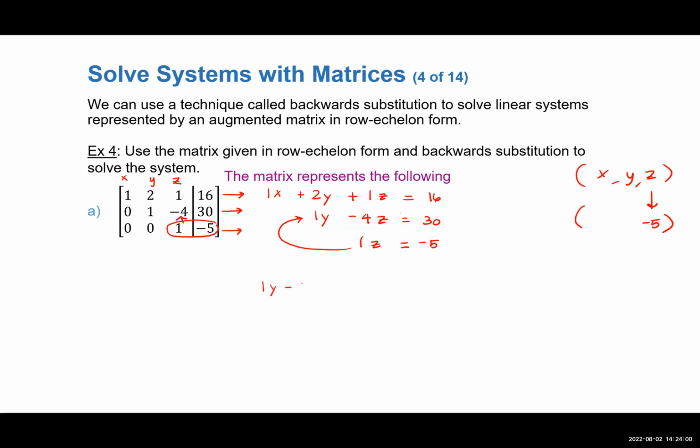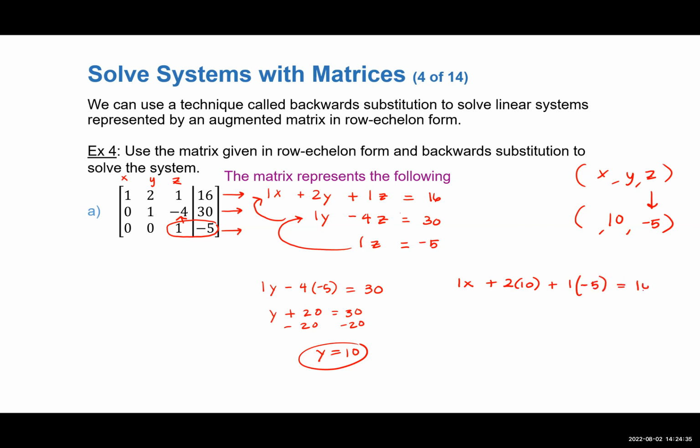So we can solve for y: y plus 20 equals 30. Subtracting 20 from both sides, we get y equals 10. So now we know 10. And then taking my y and my z into the first equation, 1x plus 2 times y, well, y is 10, plus 1 times z, well, z is -5, equals 16.